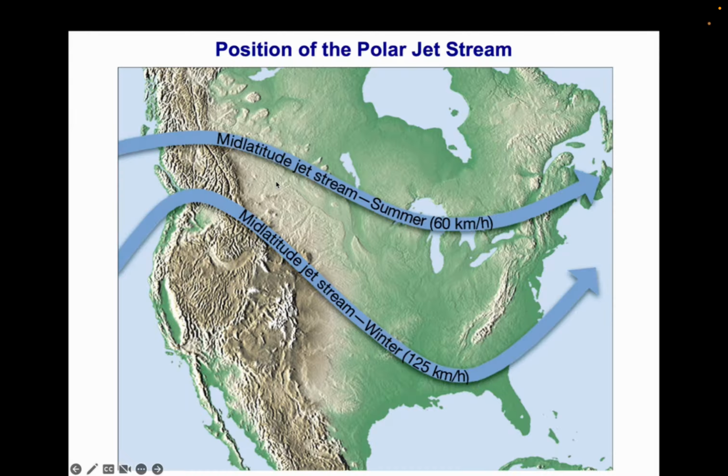Where the cold air mass from the poles meets the warm air mass from the tropics as it moves northward. Think of it that way. With that, I end today's presentation.